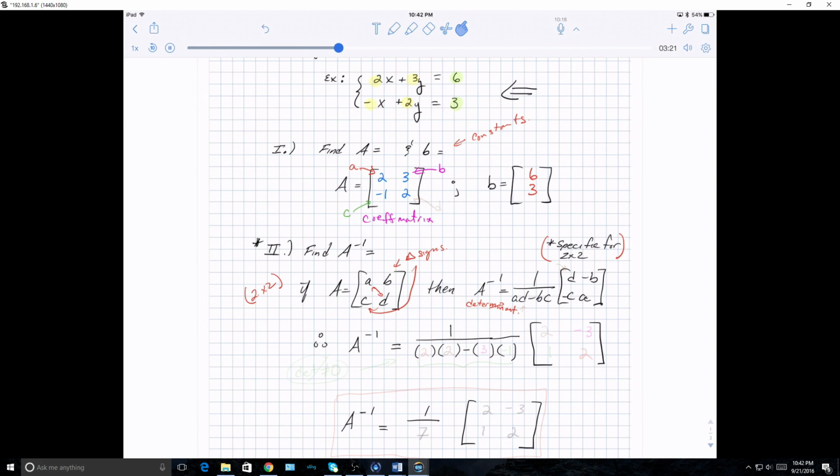This -1 is element C, and that leaves blue. No, we can't use blue. How about brown? And this 2 is element D. So now all we have to do is input the values where they belong.